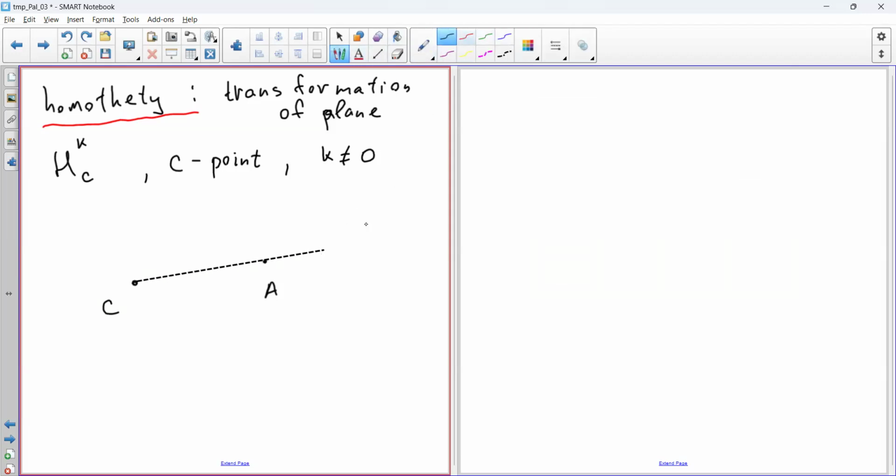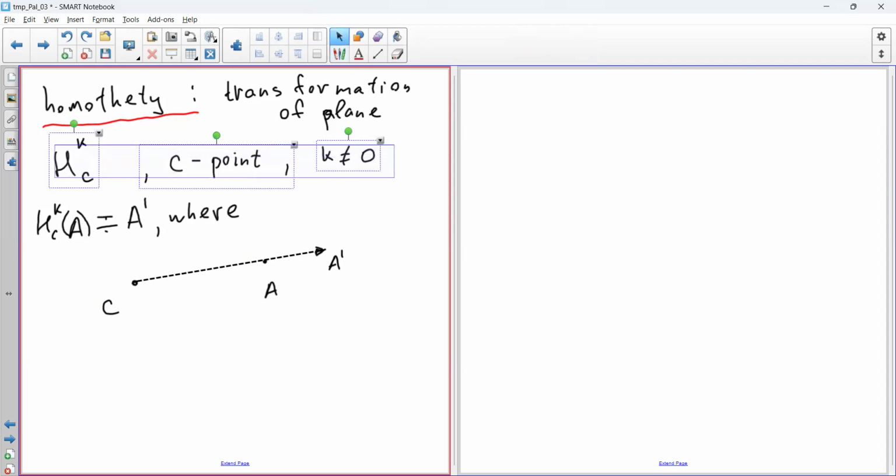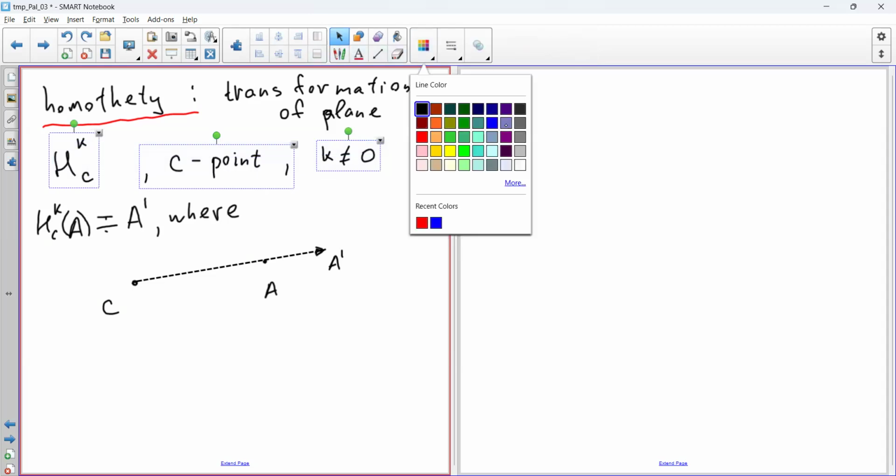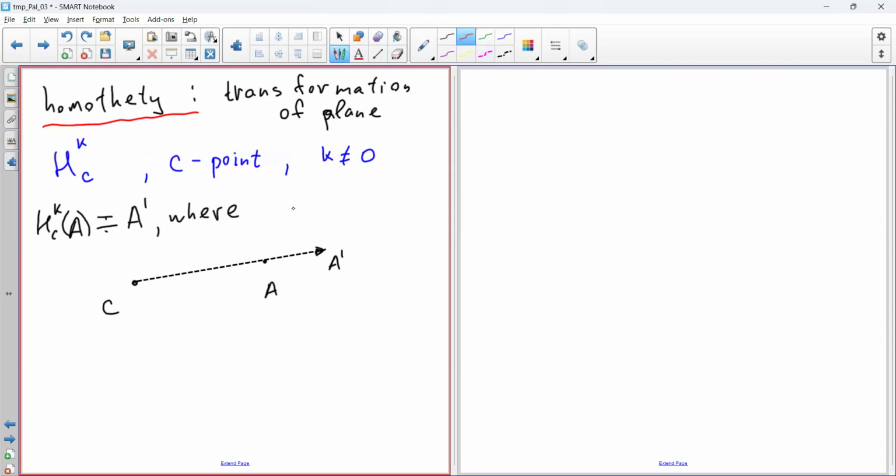We consider vector CA. The image of the point A is defined by the following: it is A prime, where vector CA prime equals K times vector CA.